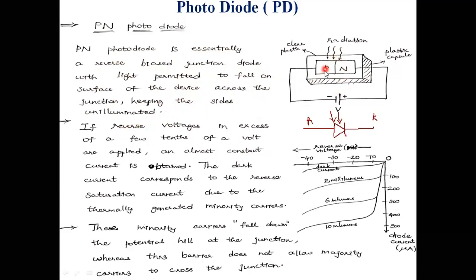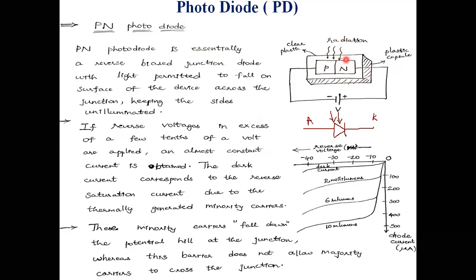That means only across the junction the light is going to fall. These sides are in the unilluminated condition. Only light will be absorbed across the junction.